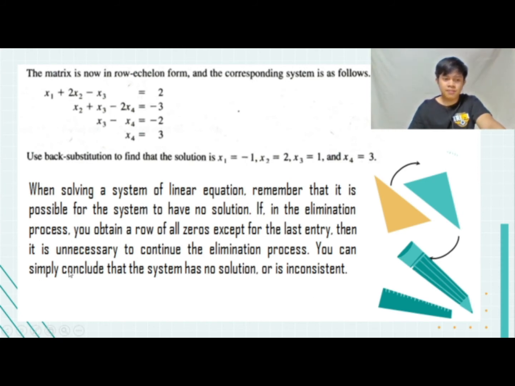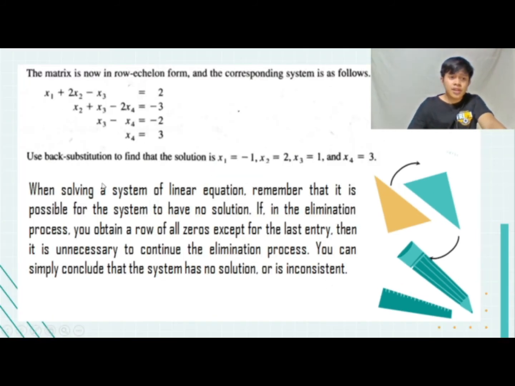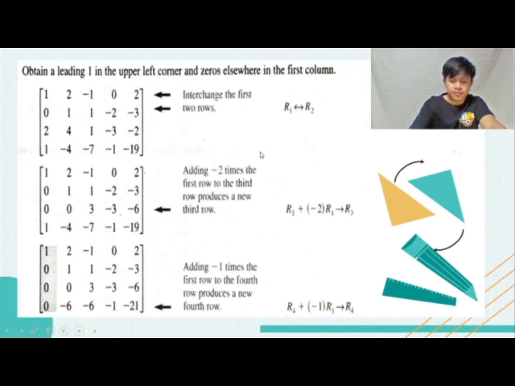You can simply conclude that the system has no solution or is inconsistent. So, dito na po yan sa example number 6. So, this is now the answer of this equation of computation here.